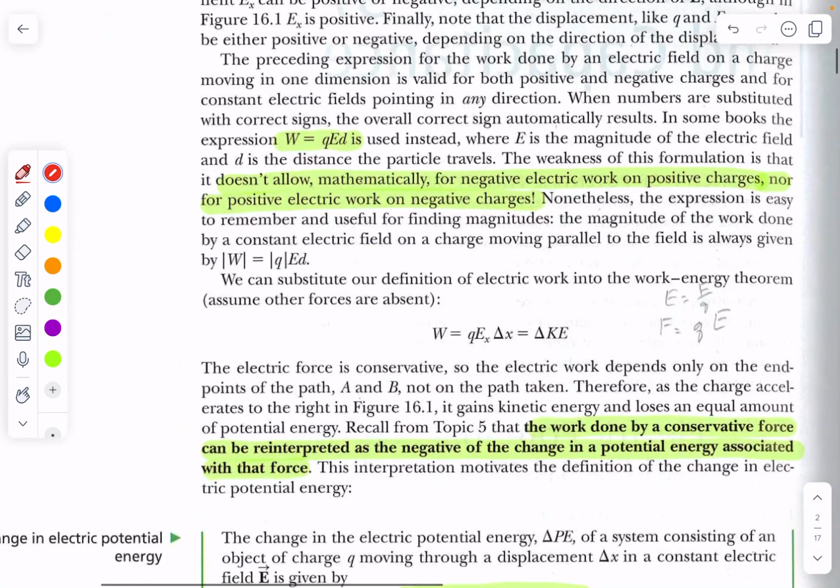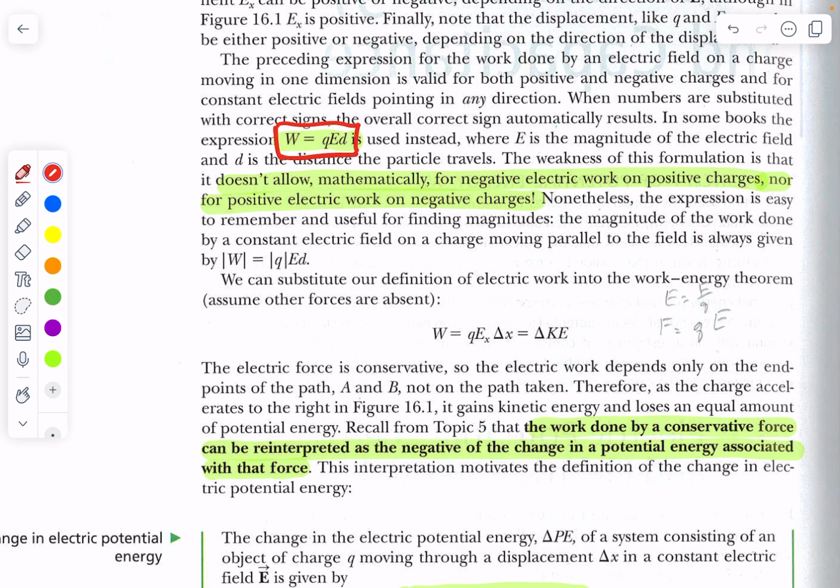Now this formula right here, work equals QEd, is a nice, easy, quick way of thinking about the work done on or by a charged particle in an electrical field. But the one problem with this particular configuration is there is no negative sign. It doesn't remind you of the correct convention.